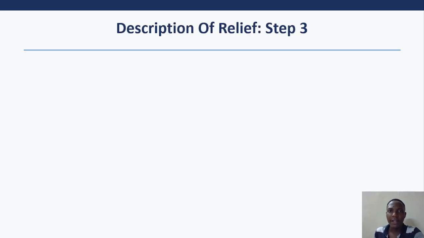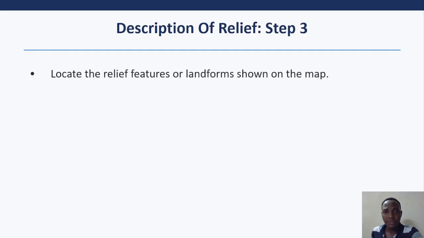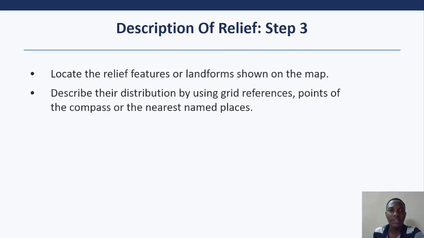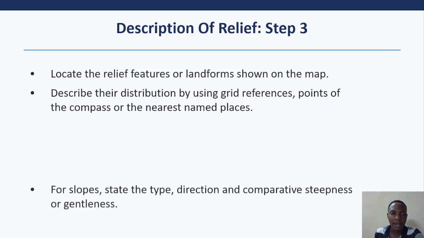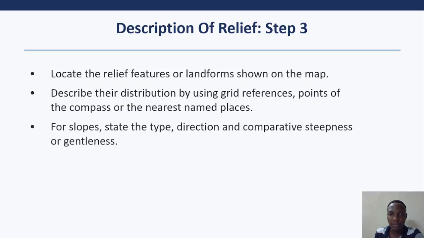Moving on, description of the relief, third step. Locate the relief features or the landforms shown on the map. Then describe their distribution by using the grid references, points of the compass, or the nearest named places. For slopes, state the type, direction, and the comparative steepness or gentleness of the slopes.